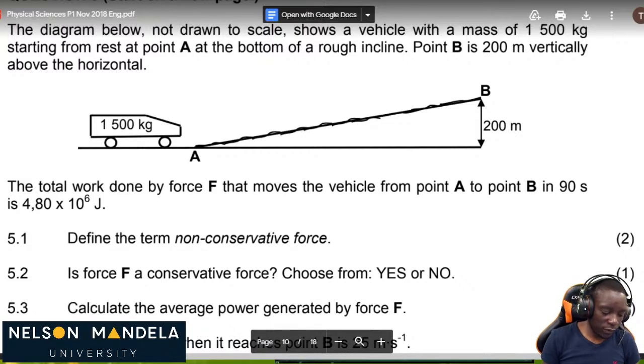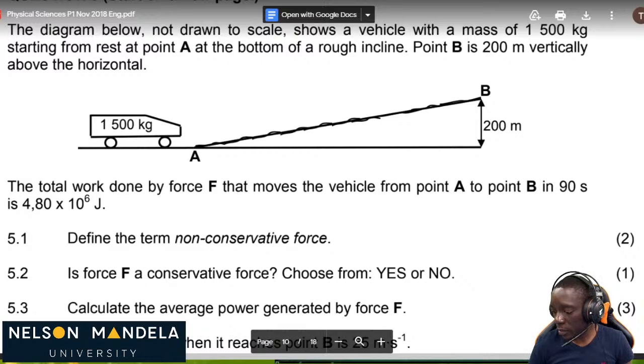So this is a different question. We are done with the momentum part. The diagram below, not drawn to scale, shows a vehicle with a mass of 1000 kg starting from rest at point A at the bottom of a rough incline.